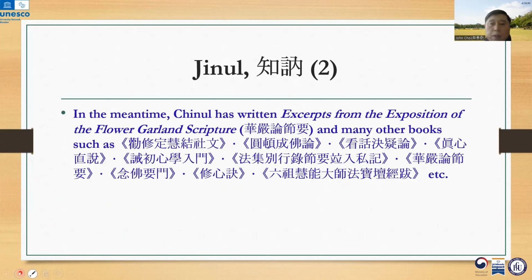In the meantime, he has also written a lot of books like this.